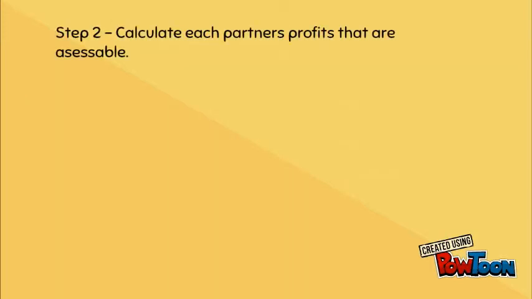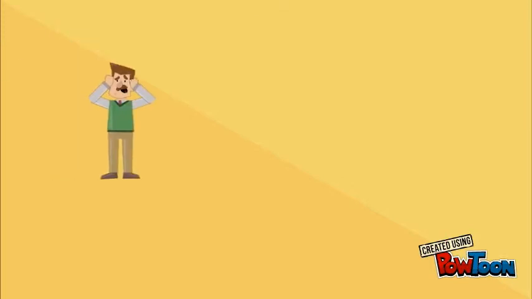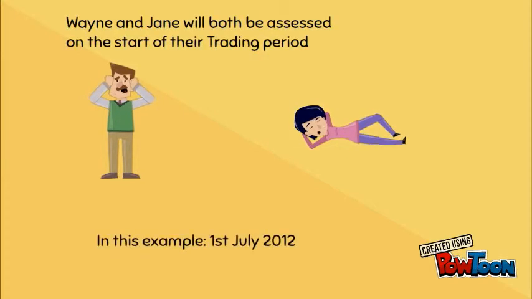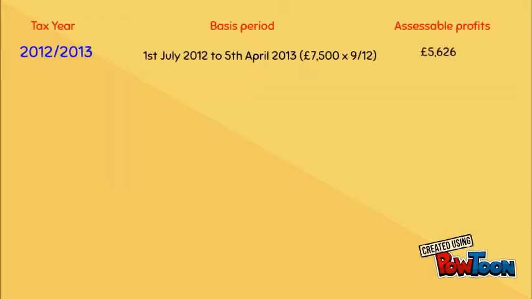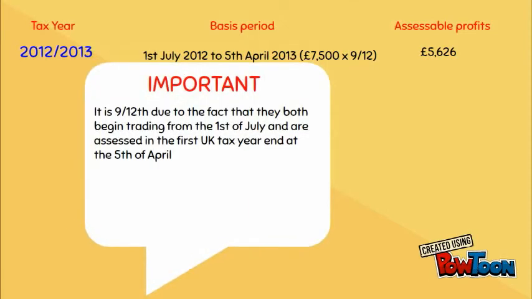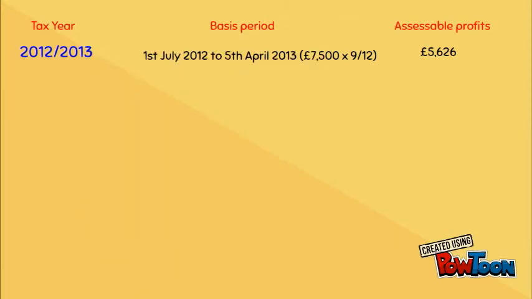The second step is to calculate each partner's profits that are assessable. So, Wayne and Jane will both be assessed from the start of their trading period. In this example, it is the 1st of July 2012. In the first basis period, the individual profits of £7,500 are apportioned to 9/12 of the year because trading began from the 1st of July to the UK tax year end on the 5th of April.